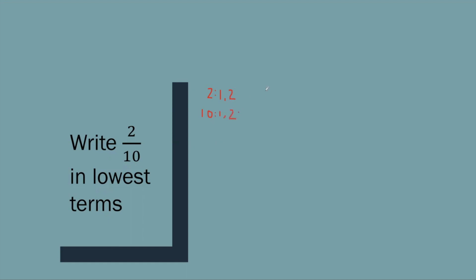So our GCF is going to be 2. And so in order to simplify, you're going to divide both the top and the bottom by 2. And we get 1 over 5. And that is the fraction in lowest terms.